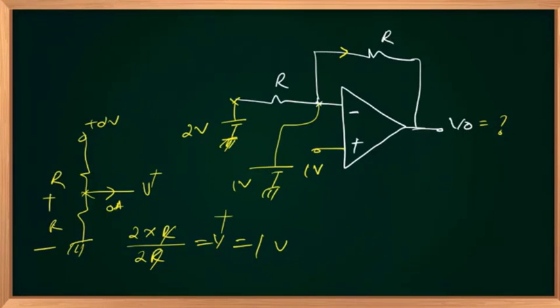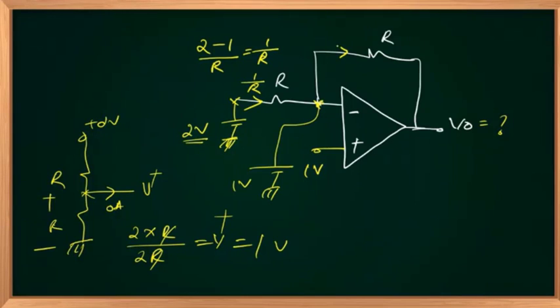So 2. This end is at 1 volt. So current through this will be, this end voltage 2 minus this end 1, so 2 minus 1 by R, that's equal to 1 by R. So this current is nothing but 1 by R. No issues. Very simple.